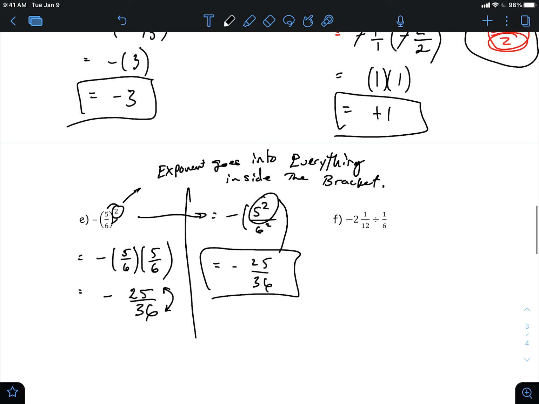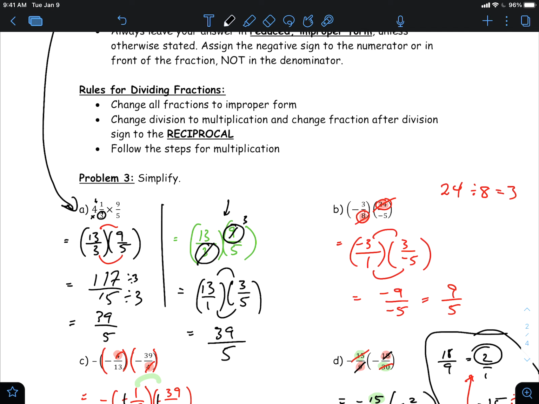Then change the division to multiplication, and change the fraction after the division sign to the reciprocal. We learned what reciprocal was yesterday: it was a flip. Instead of division, we multiply by the reciprocal, or the flipped version of the fraction.